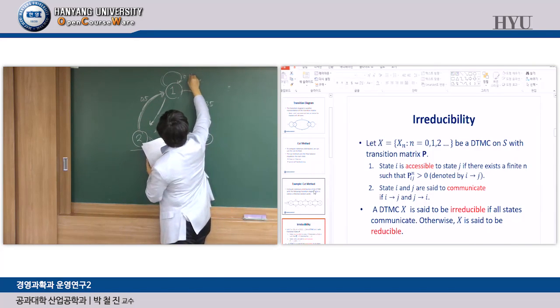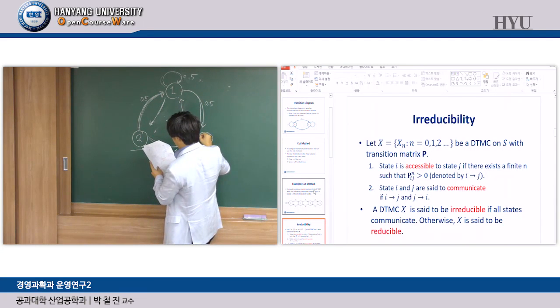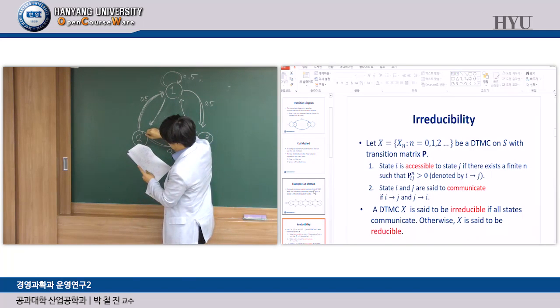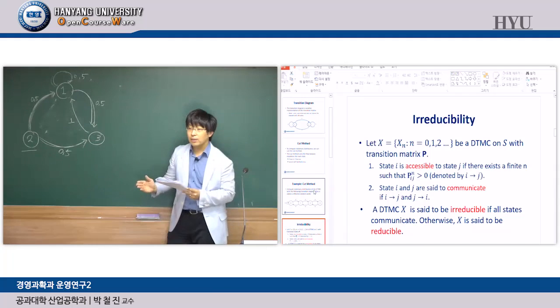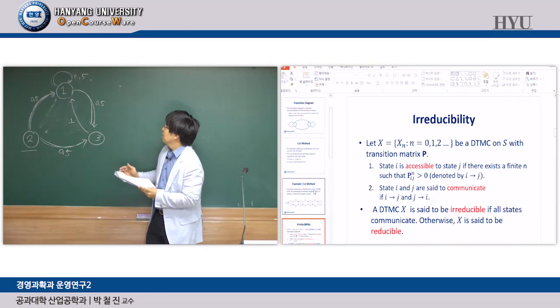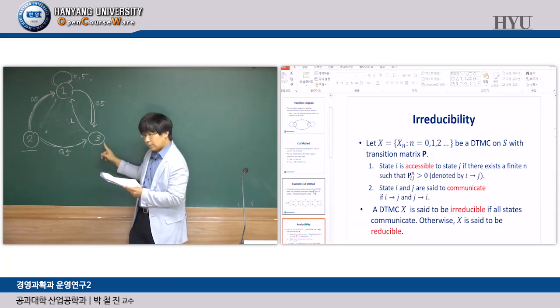The question is, is state 1 accessible to state 3?